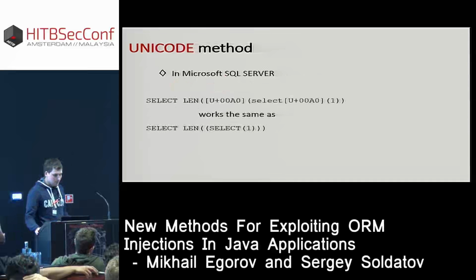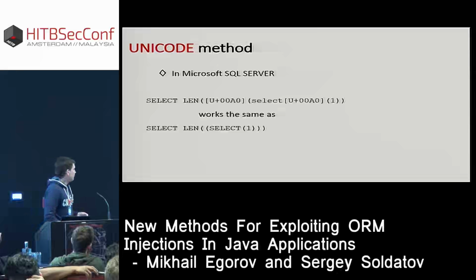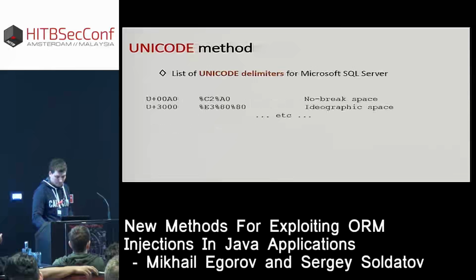So in SQL Server, these two queries work the same. In the first query, you can see that we use a Unicode delimiter with code point 00A0. There are many Unicode symbols that work for Microsoft SQL Server as token delimiters, but for exploitation, these two work: the no-break space and the ideographic space.